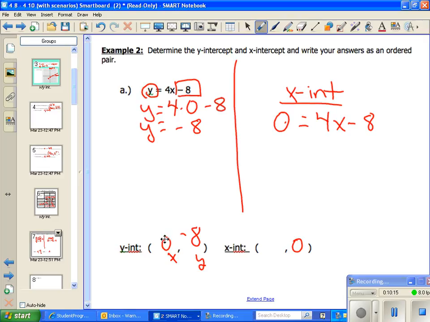Okay, McLean, how would you solve that for x? Okay, you can't subtract 4x.